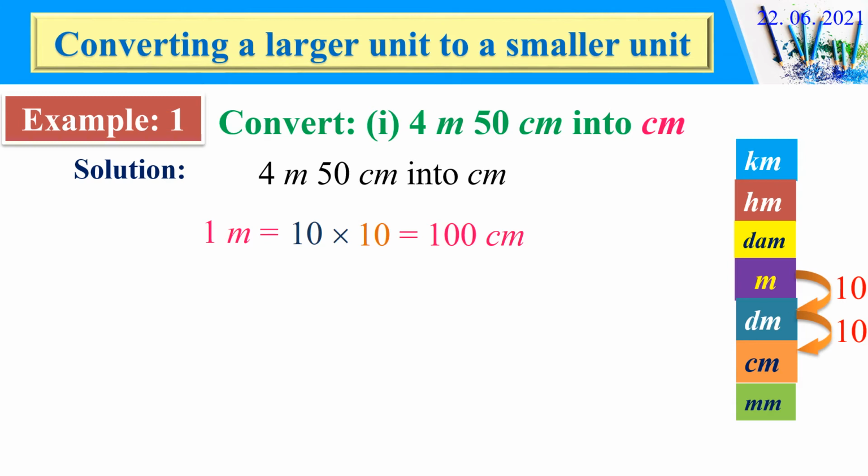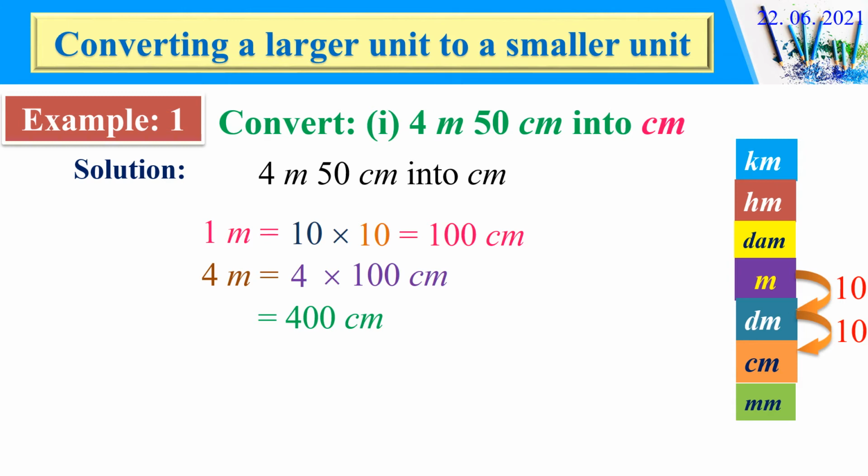Let us apply this to 4 meter. If 1 meter is equal to 100 centimeter, 4 meter is equal to 4 into 100 centimeter. So 4 into 100 is 400 centimeter. Therefore, 4 meter is equal to 400 centimeter.